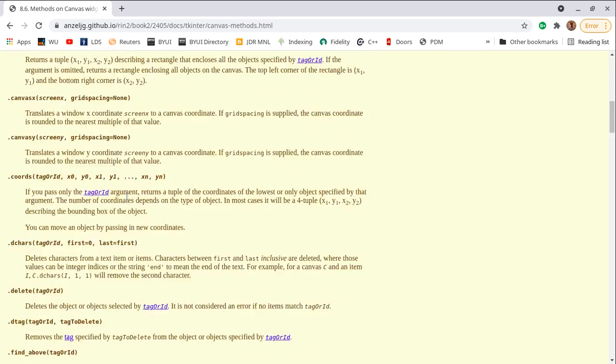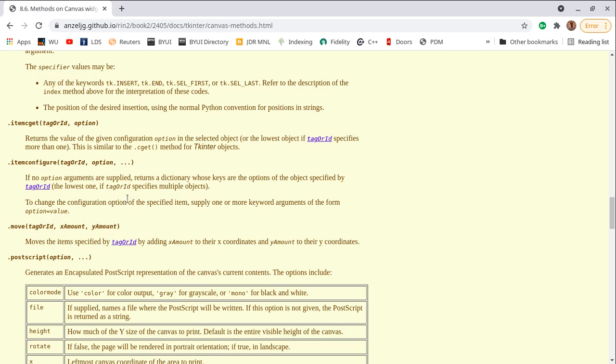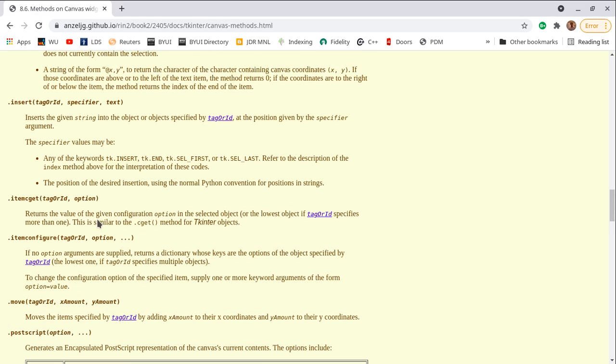It's probably not tags. Well, oh. So item cget and item configure looks like what I want.